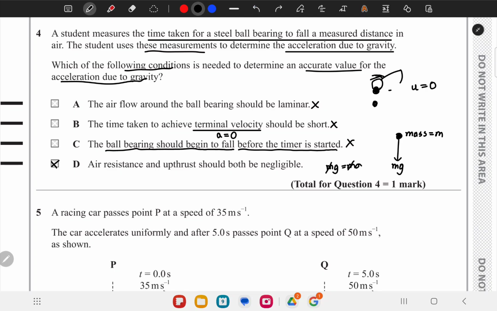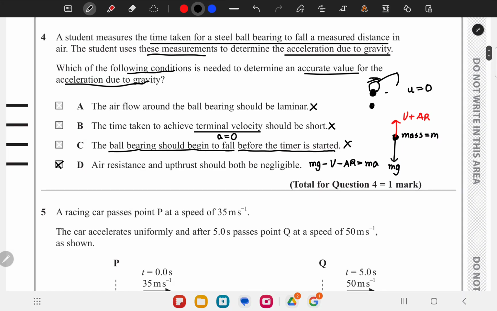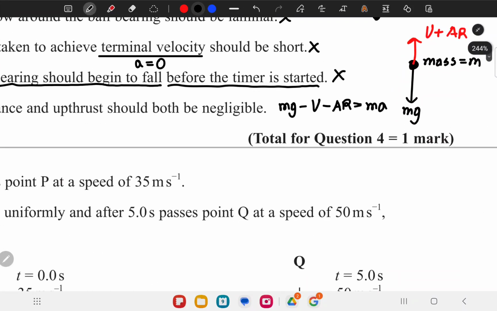However, if upthrust and air resistance were non-negligible, we'll have an upward force on it, so upthrust plus air resistance. So now mg minus U minus air resistance is equal to mass times acceleration. Now I cannot assume that g will be equal to the acceleration in this case. So we want the upthrust and the air resistance to be negligible for g to be equal to a.